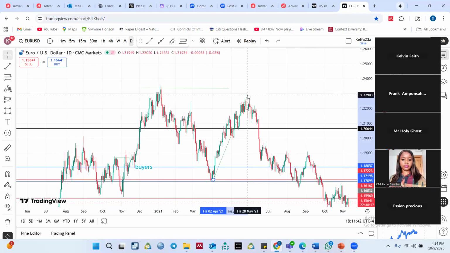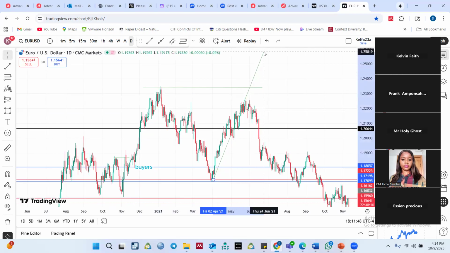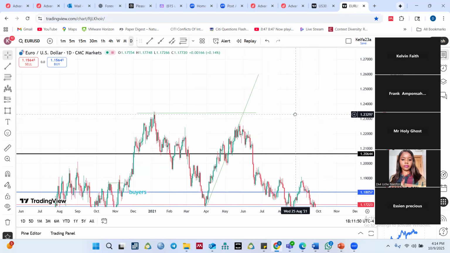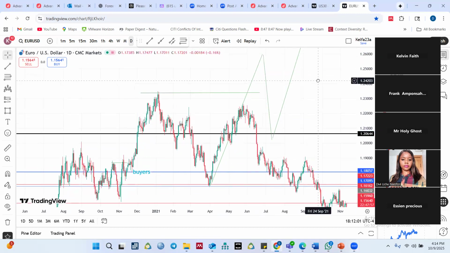Ichi, what do you think? It should have swept the previous high, yes. Good. It should have taken this high out so that we get a higher high. And then in a bullish market, we only expect a lower high somewhere here and keep going up. That will be an uptrend.